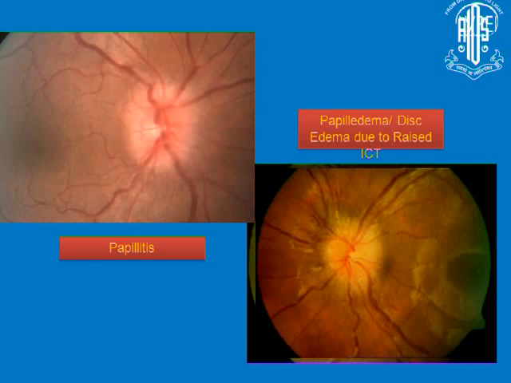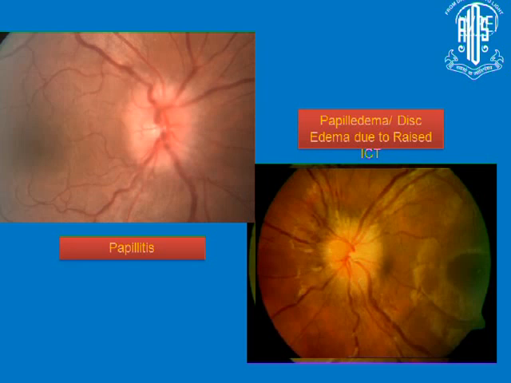As compared to this picture, which is a patient with true disc edema due to raised ICT, you can see the presence of deposits, hemorrhages, and diffuse hyperemia with microtelangiectasias over the disc. However, this may be the case in established papilledema, and it will be very easy to distinguish and say that this is not likely to be papillitis.